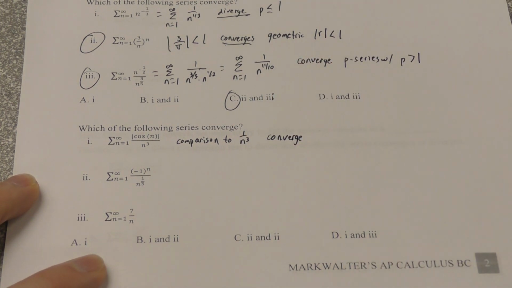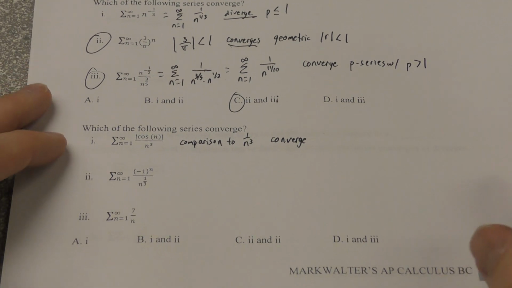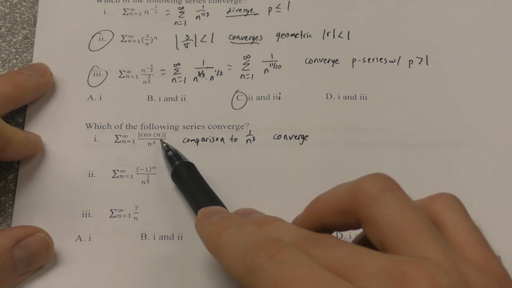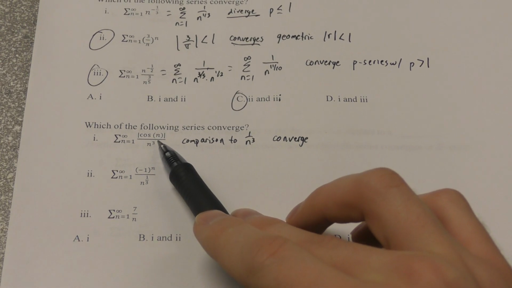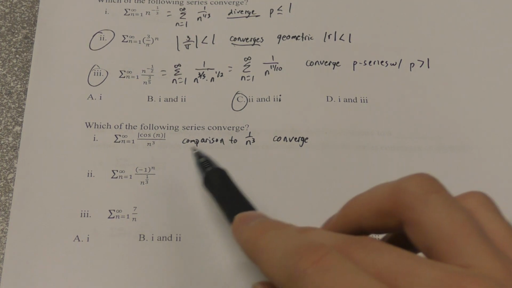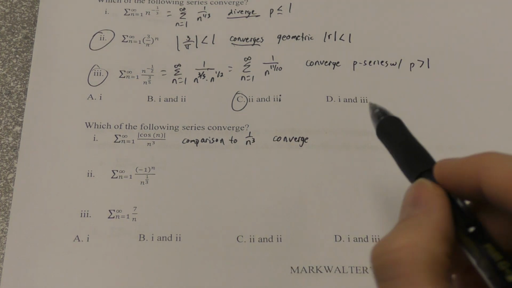Again, we're just using intuition here for some of these, and we'll get stronger ways later on. Cosine of n stays limited. We're dividing it by n cubed, which will converge. So we can imagine that this whole thing will converge.